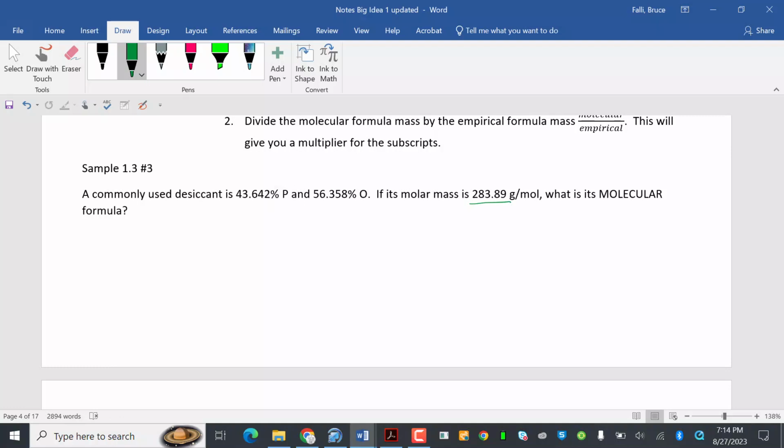So again, 43.642 grams of P, 56.358 grams of O. Man, I'm making up some numbers.